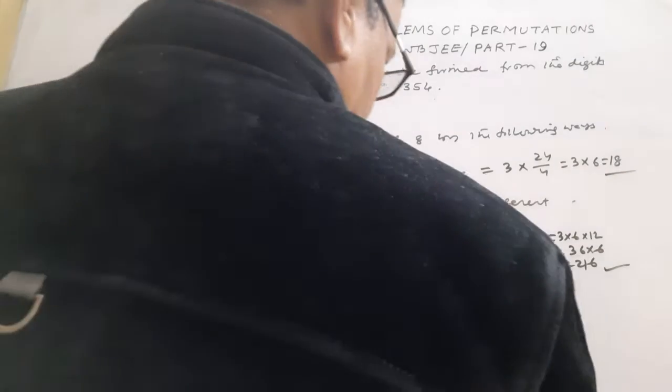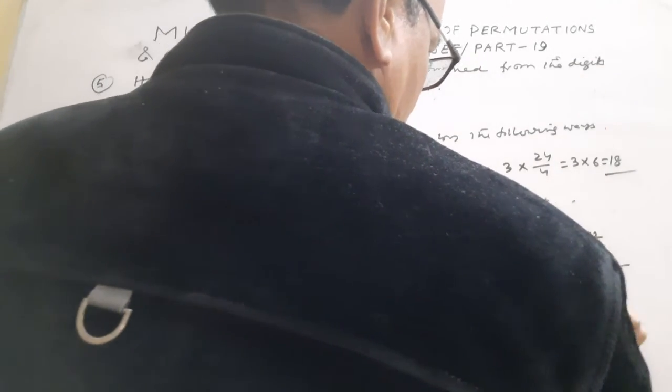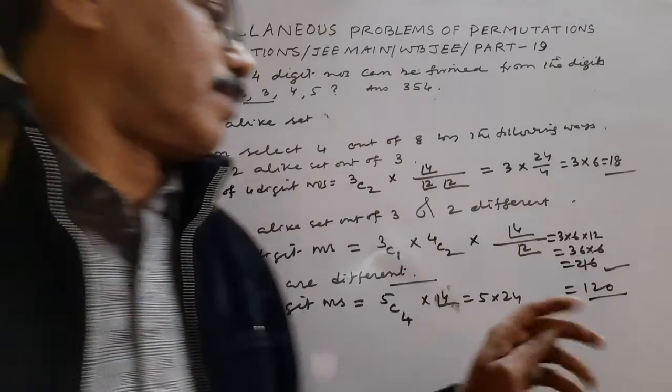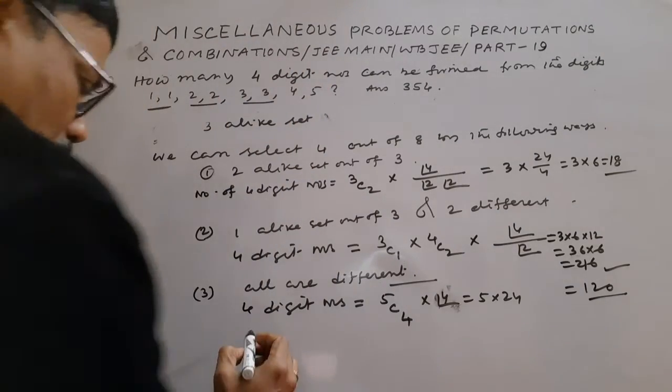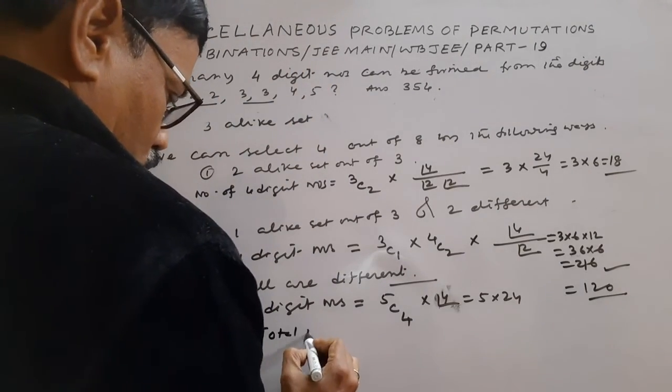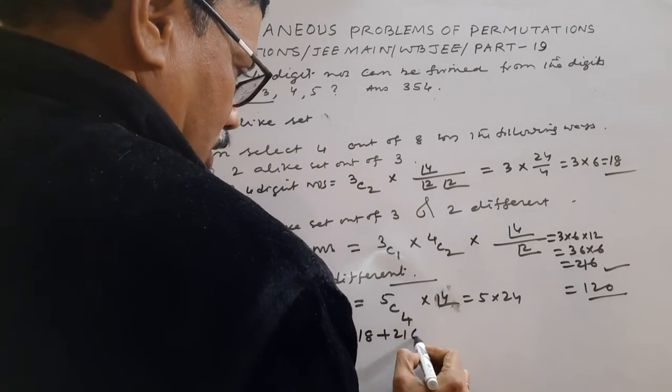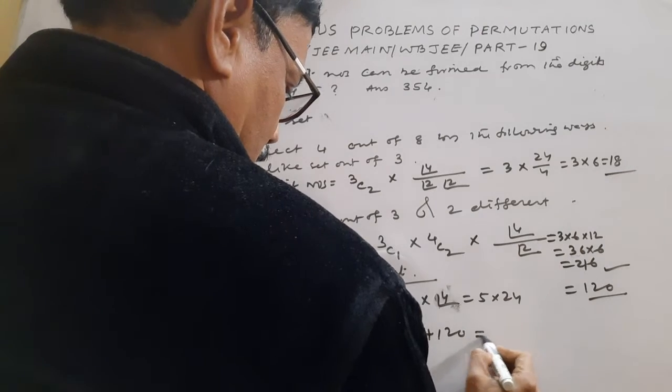So 5C4 is 5 into 24, so 120. So these are the possible cases. So total numbers: 18 plus 216 plus 120.